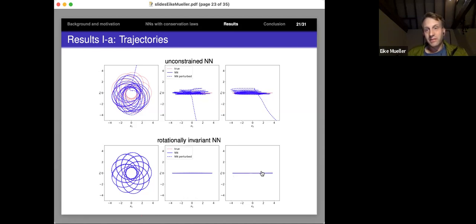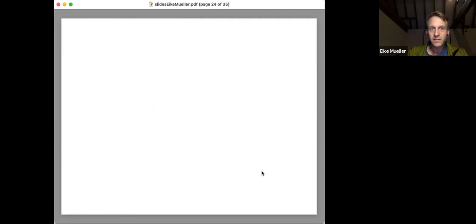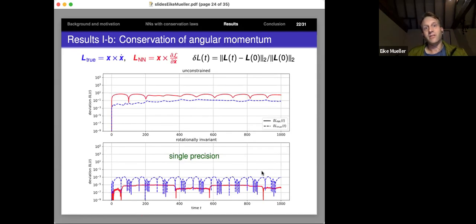Okay, so can we make this a bit more rigorous? The trajectories look nice, but do they actually conserve the quantities I want them to preserve? To measure this, I computed the true angular momentum, the one I would get from the true Lagrangian.